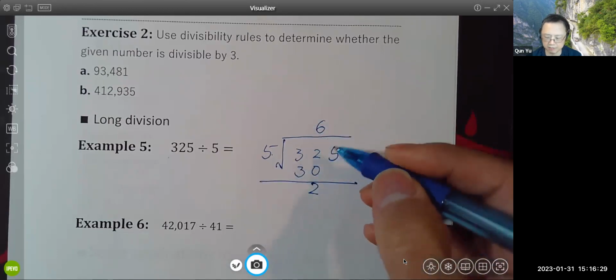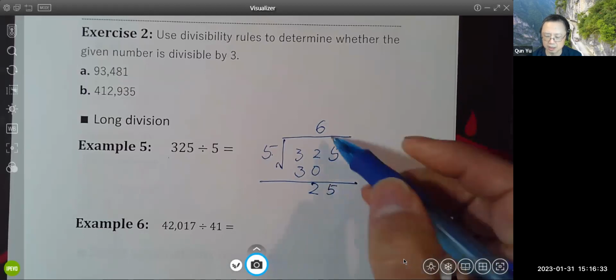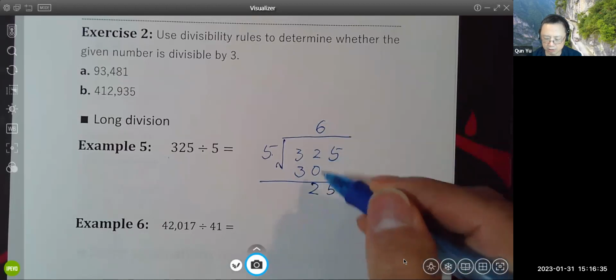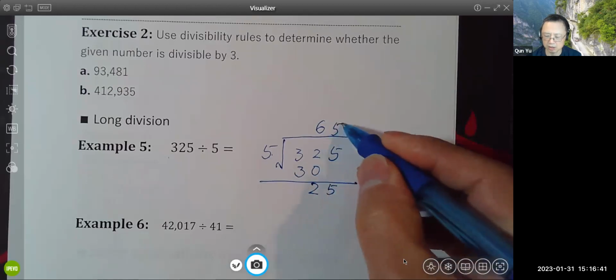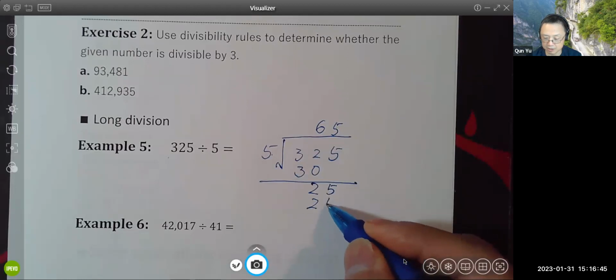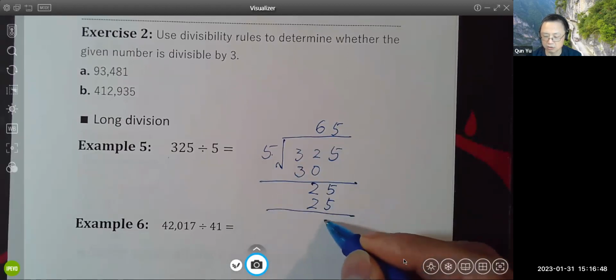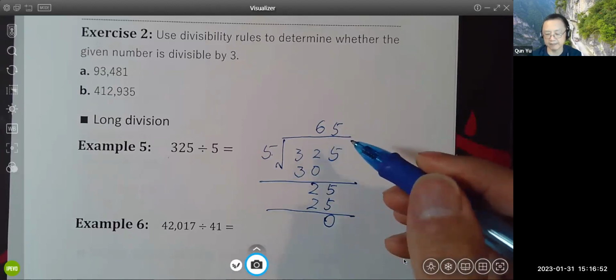It's not right. So we put down another digit and repeat this process. We ask ourselves how many 5s are in this number. It happens to be 25. There are 5 of those. So 5 times 5, the result is 25. So the remainder is 0. When the remainder is 0, we call it divided evenly.